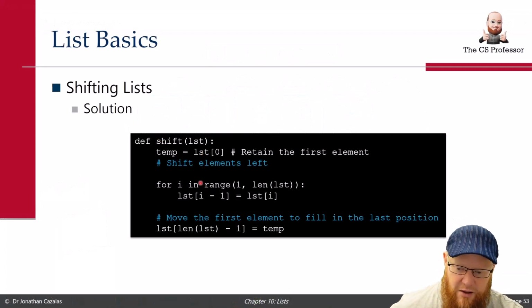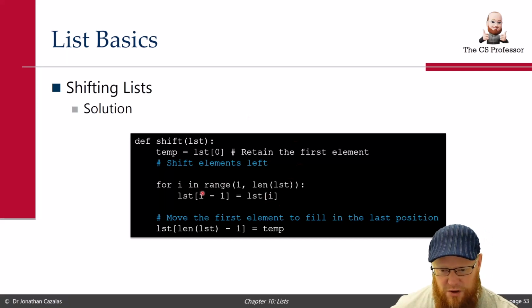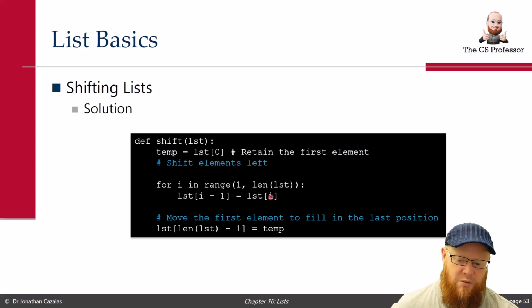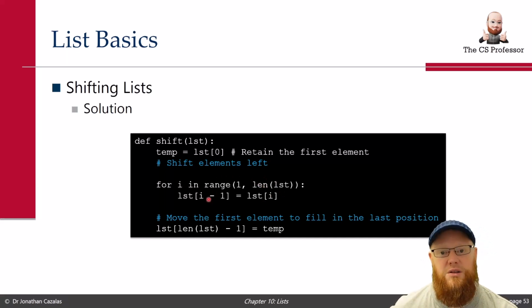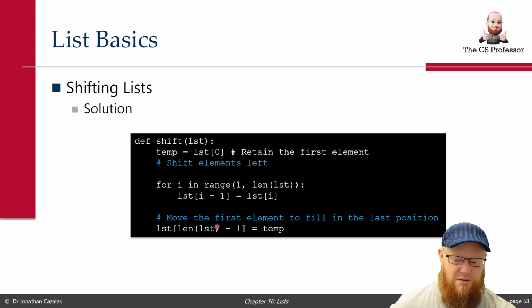So we take the value at index 1, we save it to index 0. Then we go to the value at index 2, save it to index 1, then the value at 3 to index 2. Then finally, we take the value at index 4, put it to index 3. And when we're done with that loop, we save that value that's over in temp into the last index of the list, which might be convoluted. This says we'll save temp into the length of list minus 1.